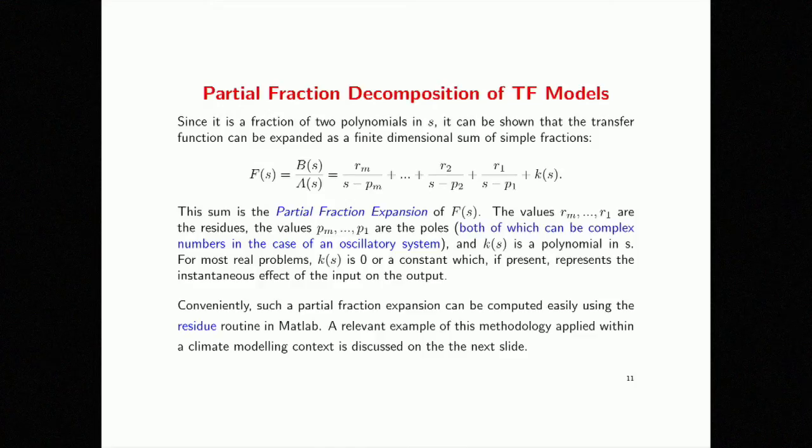And when it's a complex number, the system is oscillatory. When it's a real number, the system is non-oscillatory. So what you see is that any transfer function for a linear system can be represented as a sum of these modes. And only a few of them matter, because all the rest don't do anything, or they do very little. So the idea is to find those dominant modes.